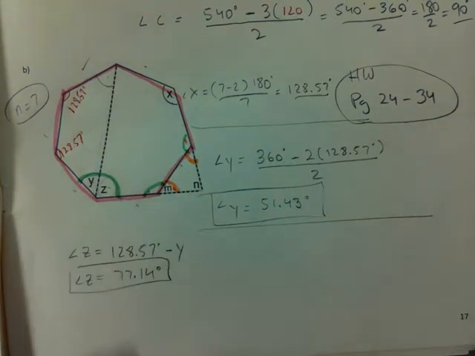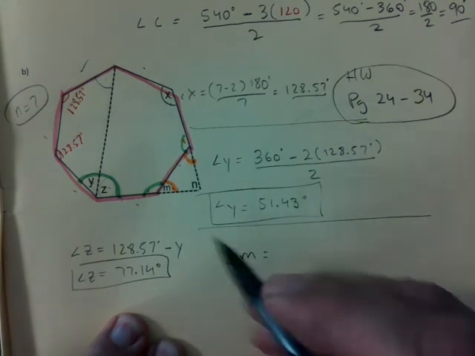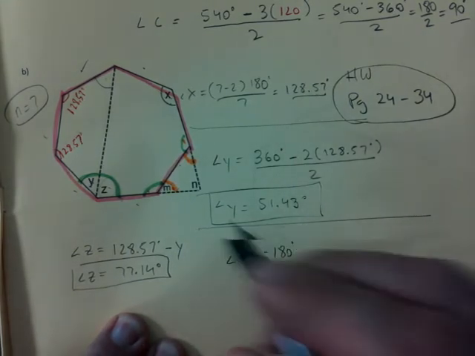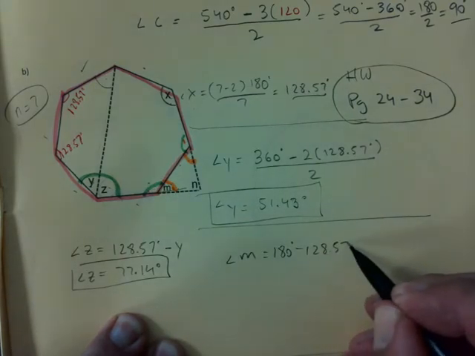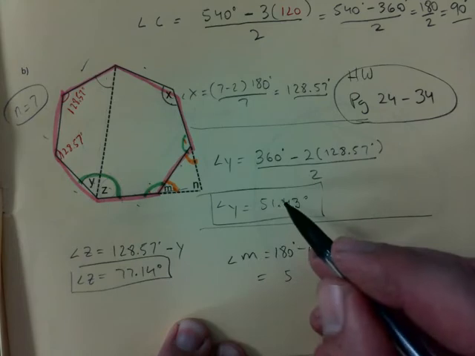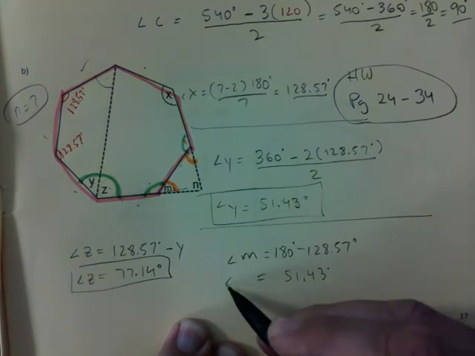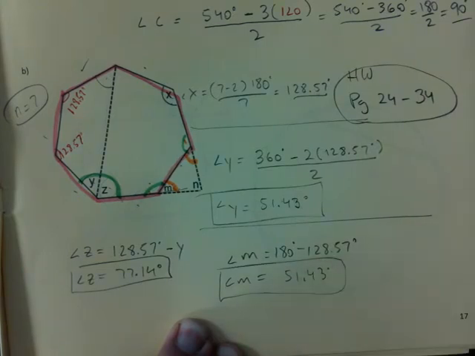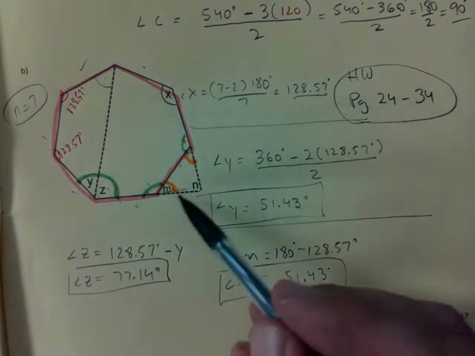It doesn't matter which way you go, but I'm going to focus on M. Angle M is just 180 minus this one, and that's going to be the same as 51.43, same as Y here. That's just a coincidence. Don't make any connections there. So that's what you get for M.